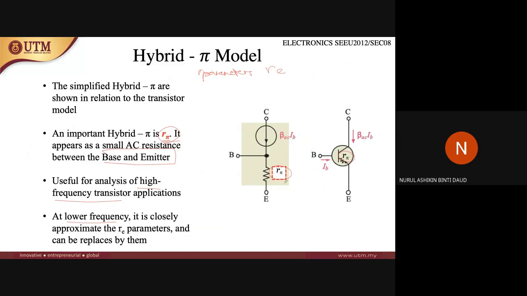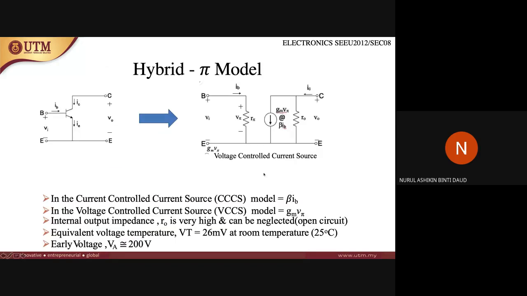For lower frequency, it closely approximates the RE parameters. The solution is approximately the same as with RE parameters, and it can be replaced by RE parameters.